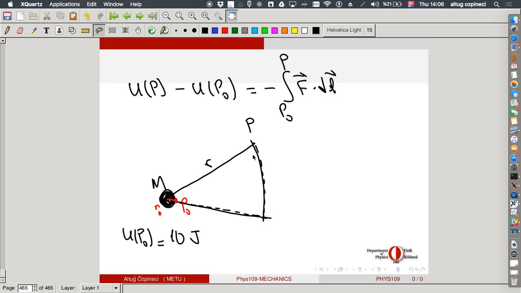Now we know that this integral, since F is conservative, is independent of how we go from point P0 to the point P. Whichever path you choose, it will be the same. So let's choose a simple one. Let me choose this path.